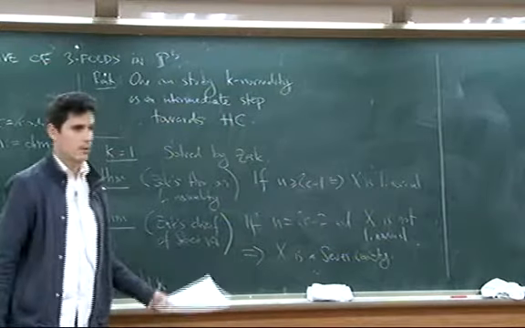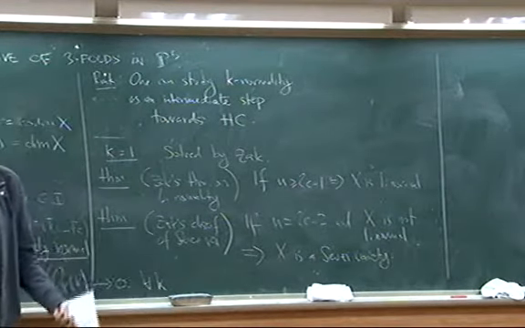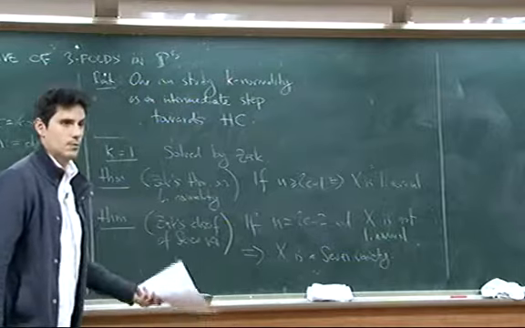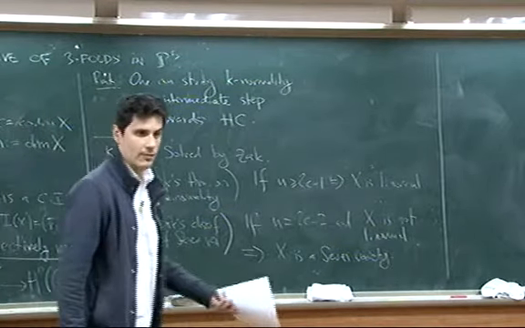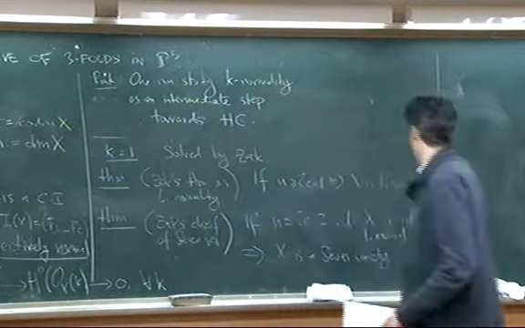You know that there are 4 of these: the Veronese embedding of P2, P2 cross P2, the Grassmannian of lines in P5, and the Cartan variety that we saw yesterday.